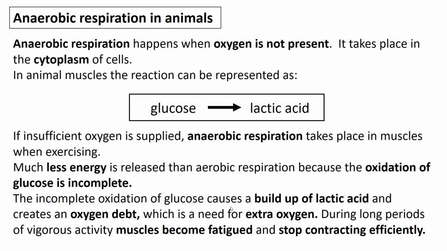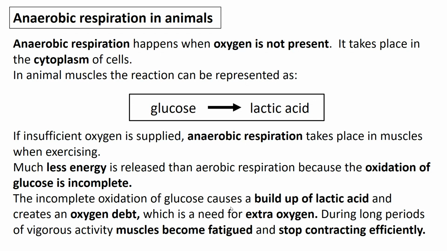If you're exercising, then anaerobic respiration will start to take place in your muscles. Now, this is a backup, if you like, from aerobic, because much less energy is released than aerobic respiration, because what we say is that happening is the oxidation of glucose. And in this reaction, it's incomplete, but in aerobic respiration, it would be complete.